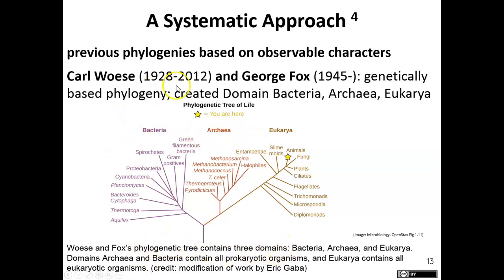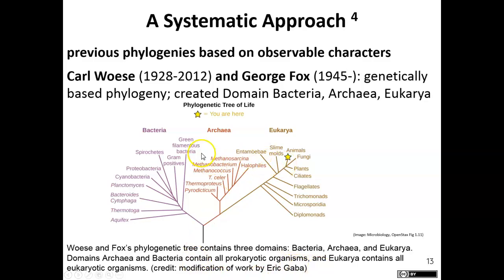So prior to this, we had the 2 large categories, eukaryote and prokaryote, and they came up with a 3-domain system, which included your eukaryotes all under the header of eukarya domain. And then the prokaryote groups were split into 2 different subgroups or domains, bacteria and archaea.